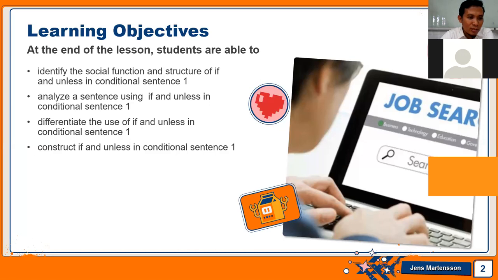And then you will be able to differentiate the use of if and unless in conditional sentence type 1. And then at the end, you will be able to construct or create a sentence using if and unless in conditional sentence type 1. Okay, so let's start. That is the learning objective.